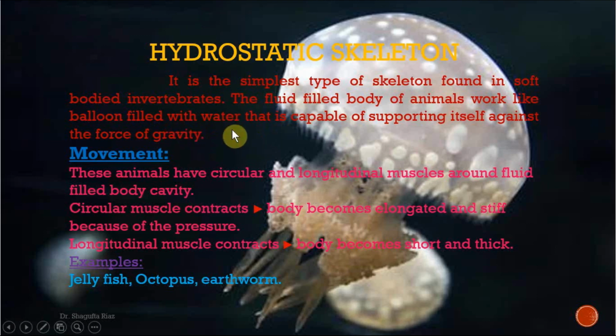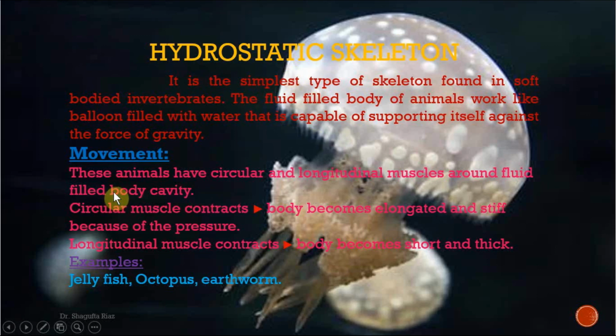If you push or exert some pressure on a water-filled balloon, you will notice it is capable of supporting itself against the force of gravity. A similar phenomenon applies to these invertebrates which have hydrostatic skeleton.